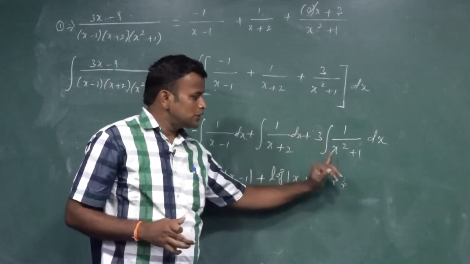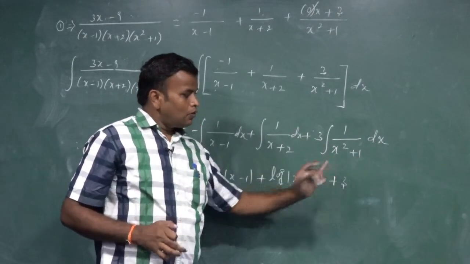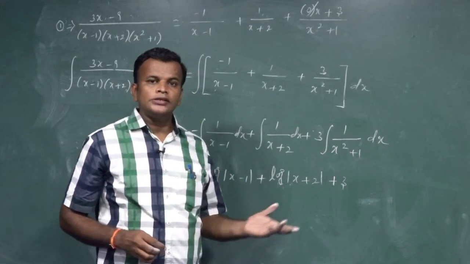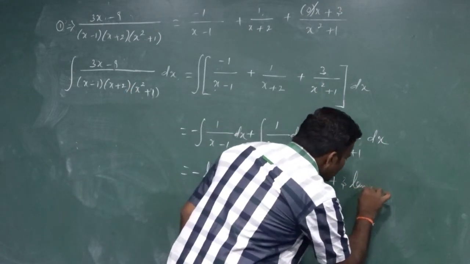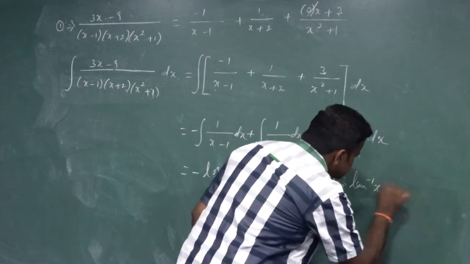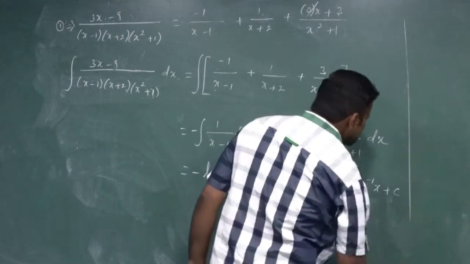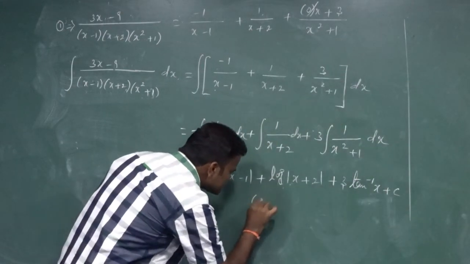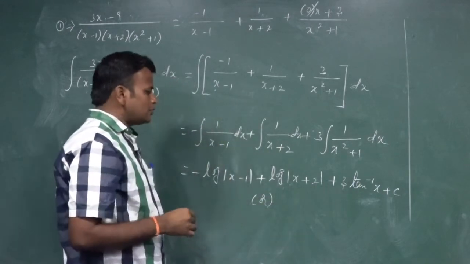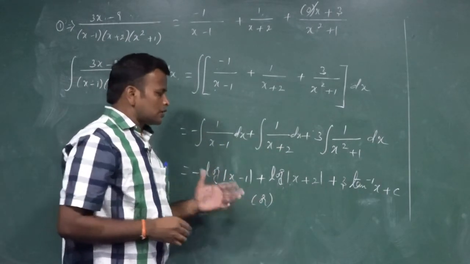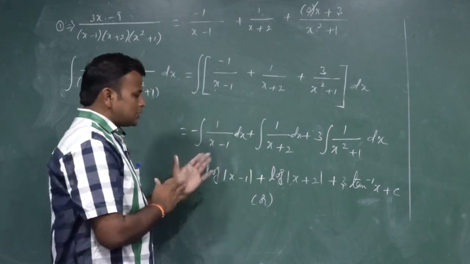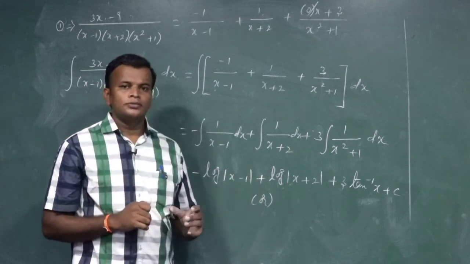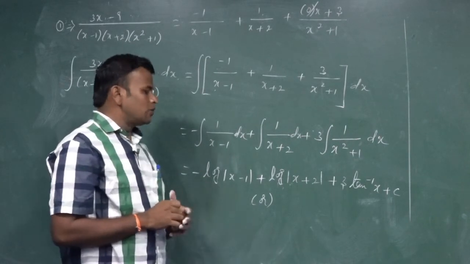We say it is x square plus 1 or 1 plus x square also. So the formula is tan inverse of x plus c. So it is the answer. We can leave it as it is. Or, sir, I need the book answer. In your question or in your test or example, if I leave it as it is, no problem, no marks are reduced. Suppose I need exactly the book answer.